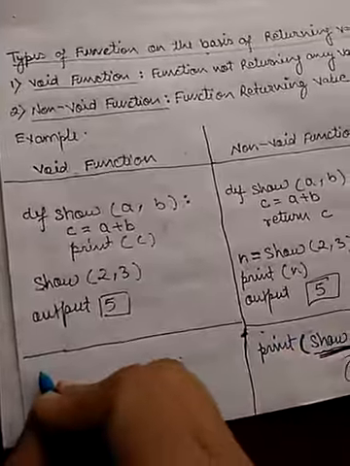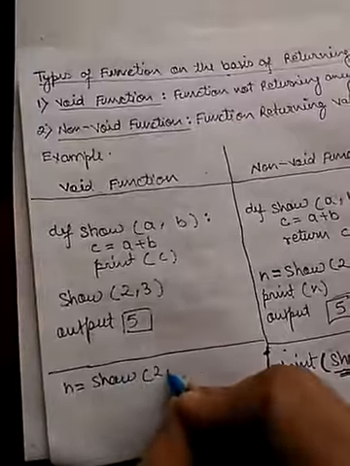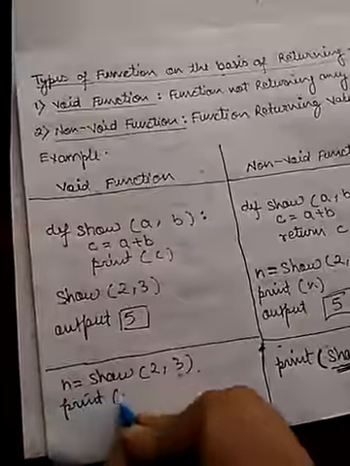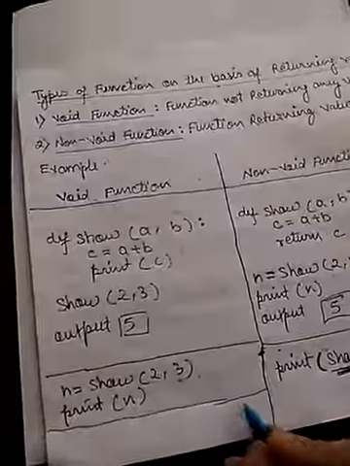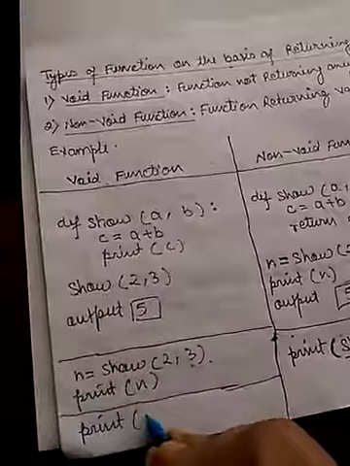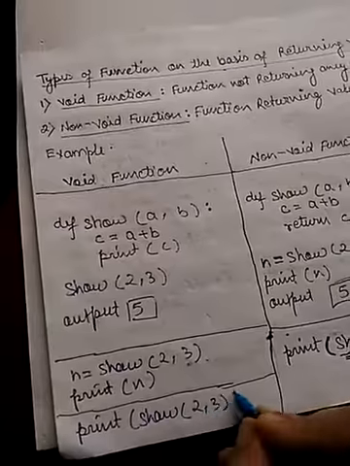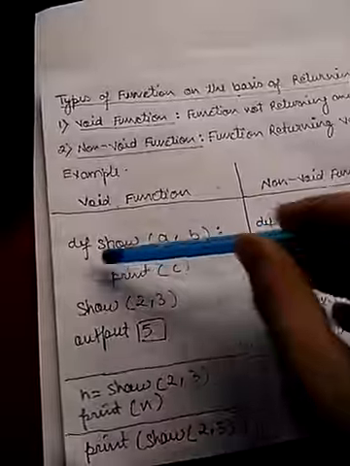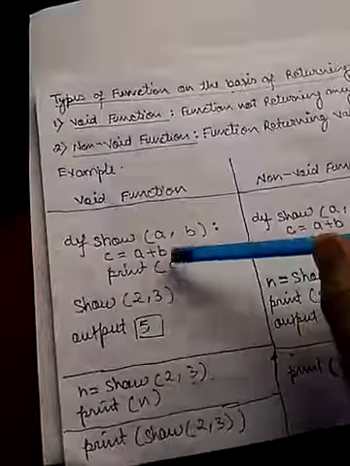If I write here n equal to show 2 comma 3, print n, or if you directly write print show 2 comma 3, 2 plus 3 is 5, and this function is not returning any value.